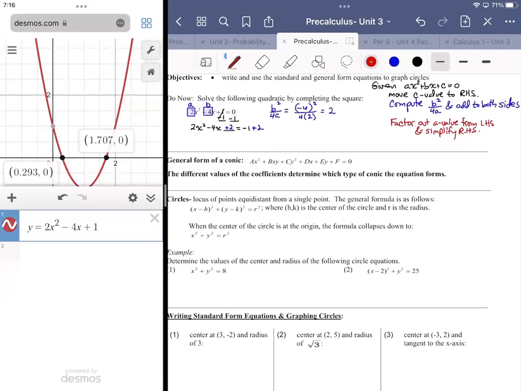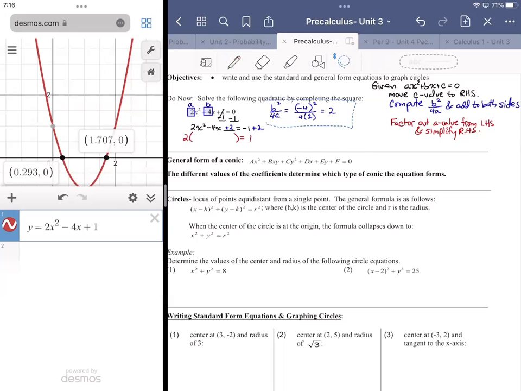So factor out the a value. Now the a value here is a 2. I'm going to factor it out on the left-hand side, but on the right-hand side, I'm just going to simplify. Now, in a lot of cases, that's going to be pretty easy. Some cases you might have some fractions. It's still not going to be terrible, but you might have to do a little bit more work. But in this case, it's just a clean 1.